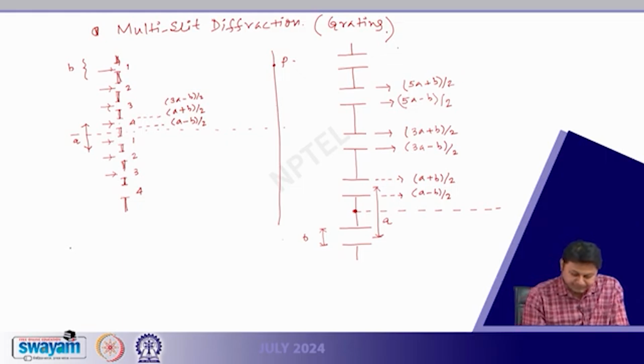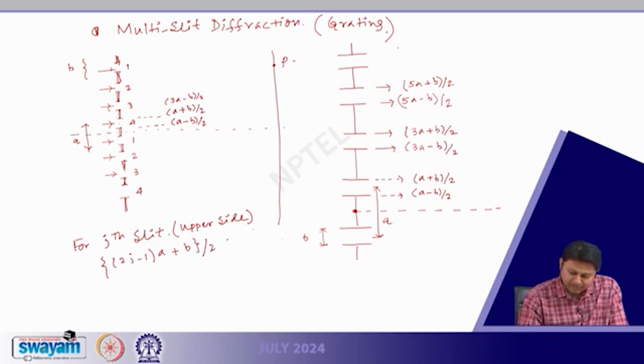So, for the jth slit, in the upper side, the coordinate is 2j minus 1 multiplied by A plus B, divided by 2.